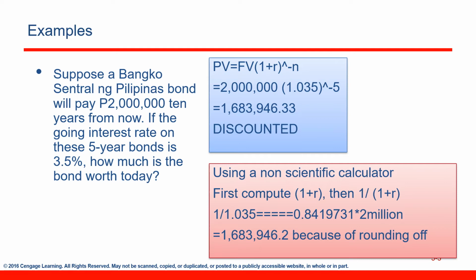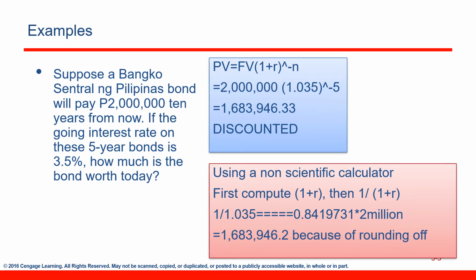So 1 divided by 1.035 equals, and then divided again by 1.035. So it's already in the second year, then equals only, third, fourth, and fifth.